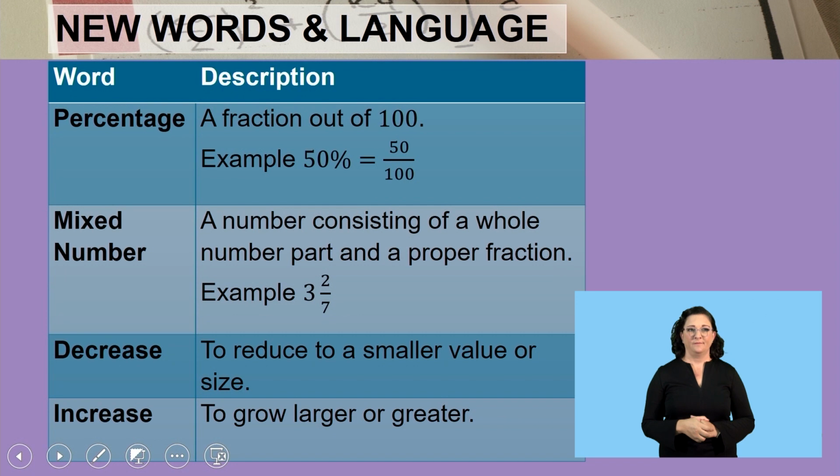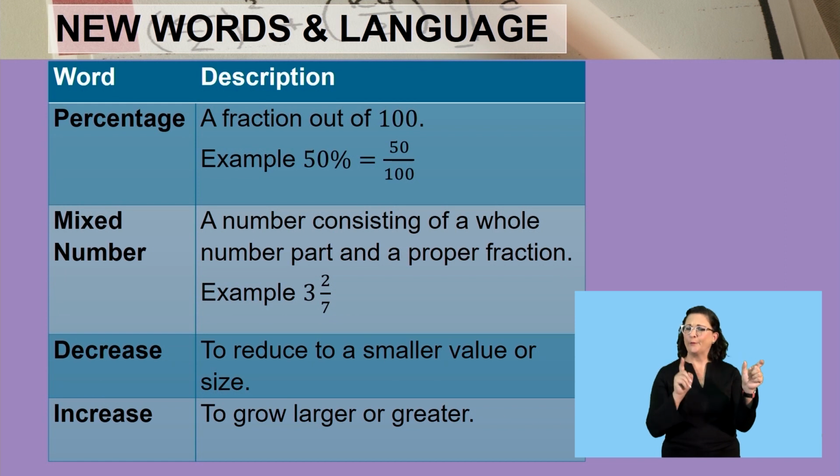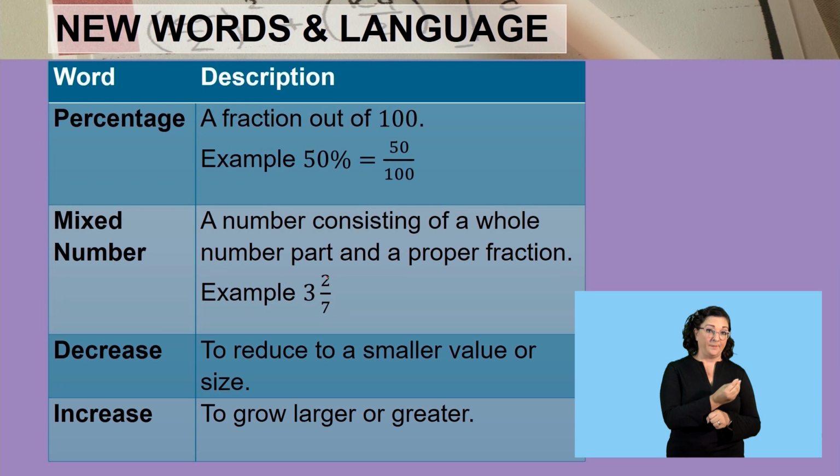Let's look at new words for the lesson. 1. What does the word percentage mean? Percentage is a fraction out of 100. An example would be 50% is equal to 50 out of 100. A mixed number is a number consisting of a whole number part and a proper fraction part.